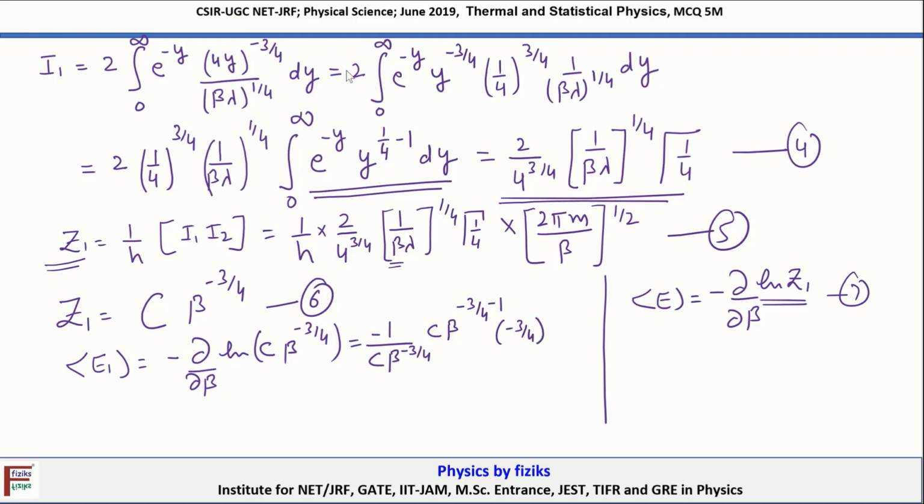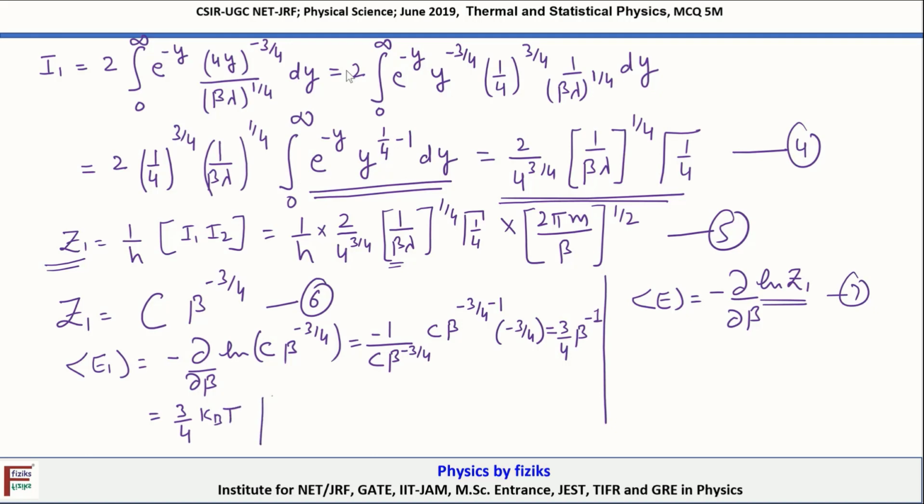After solving this entire expression, it is 3 by 4 beta power minus 1. So this is the energy per oscillator, which means this is equal to 3 by 4 kT. So this is for the single oscillator.